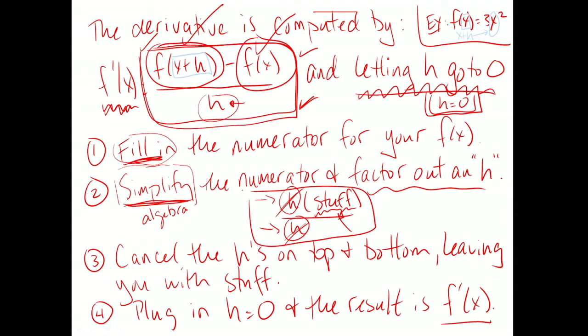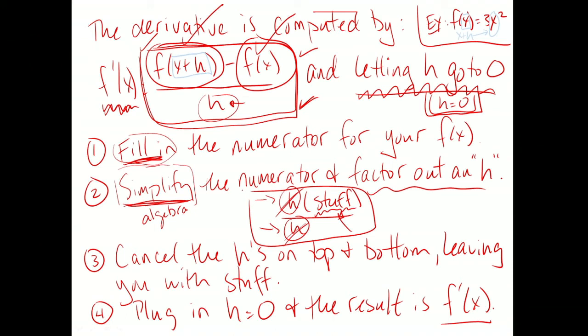The key observation is that you have an h times some stuff on the top, and on the bottom you just have h. Well, if everything is multiplied, which it would be in this case, you can cancel out the h's, and that's just a fancy 1, right? Like 5 over 5 is really just 1. So h over h is just 1, so they cancel, and you're left with just stuff, whatever that is.